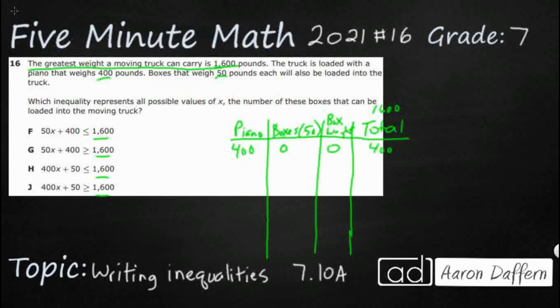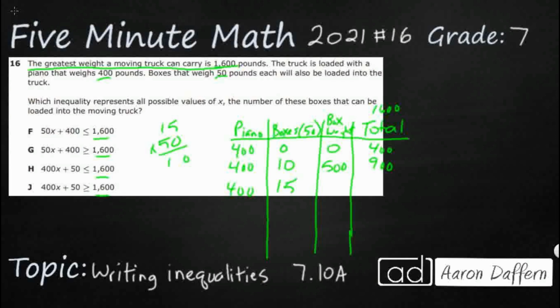But what if I did 10 boxes? So 400 plus 10 boxes, 10 times 50 is 500. Right, so that's going to give me 900 pounds. That's a lot. What if I did 15? So now I'm going to have to do 15 times 50.